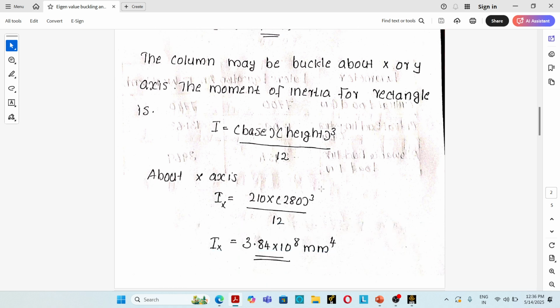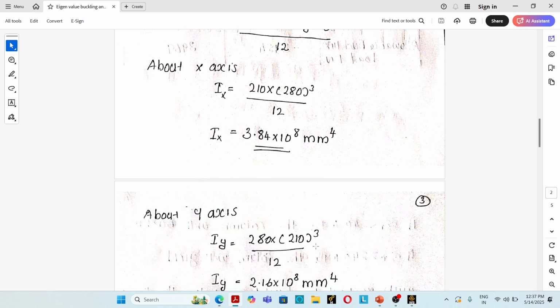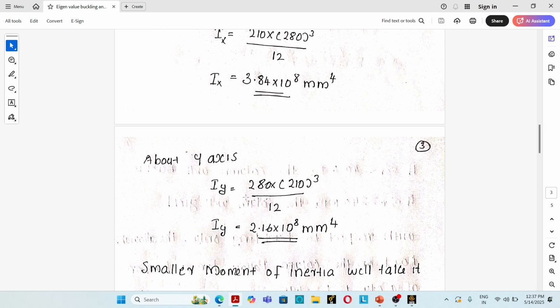So about the x-axis, 210 times 280 cubed by 12, we have 3.84 times 10 raised to 8 mm raised to 4. About the y-axis, 280 times 210 cubed by 12, 2.16 times 10 raised to 8 mm raised to 4.